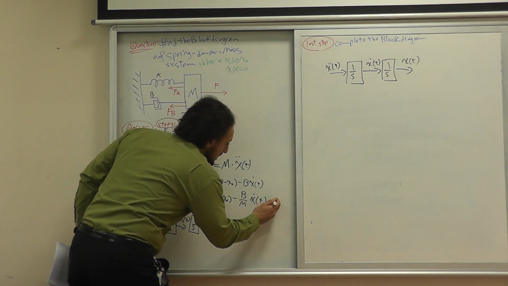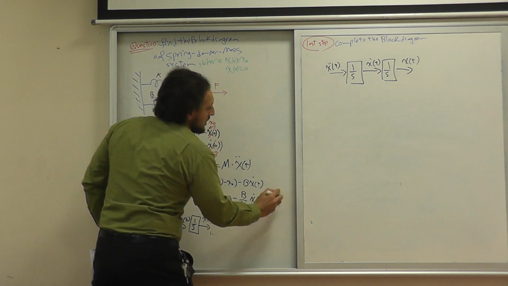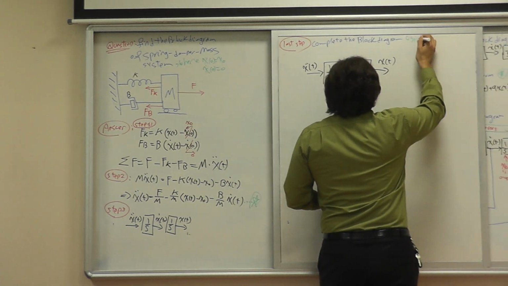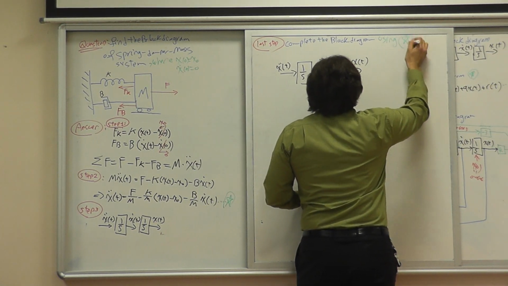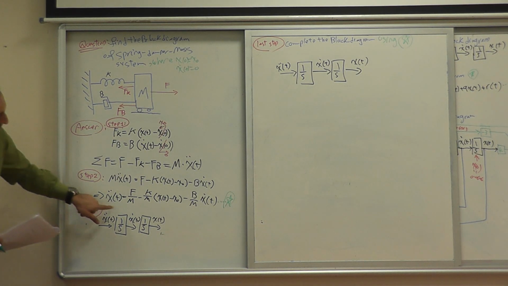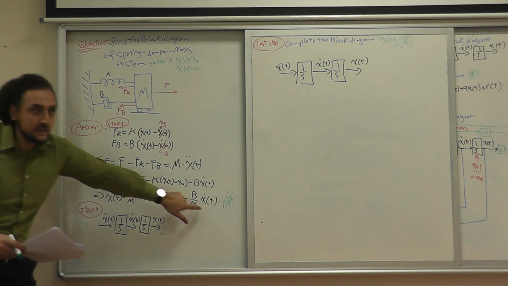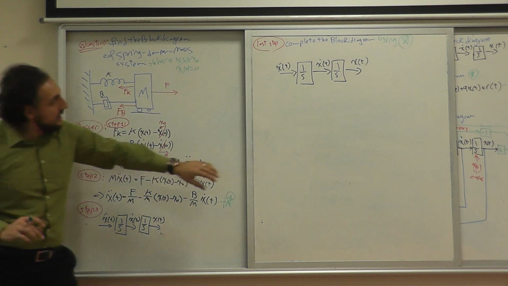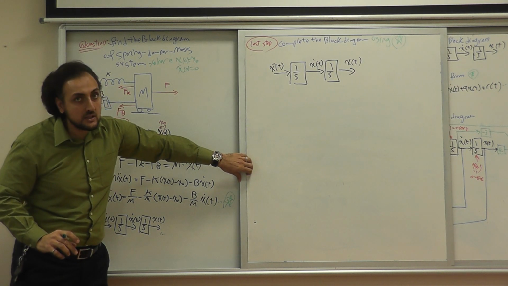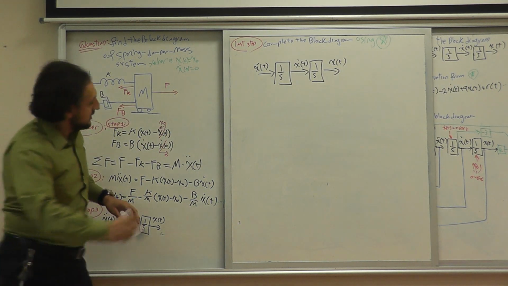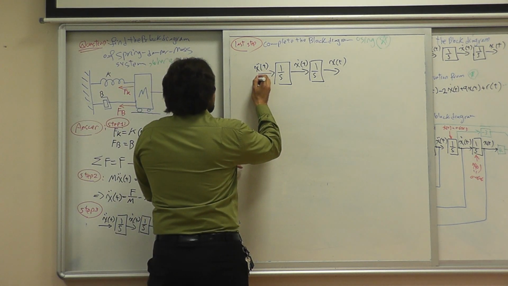Let's see. This is equal to what? This plus this plus this. So it means what I need? Summing junction. Okay. Where can I put my summing junction here? Here, right? So it will be here.